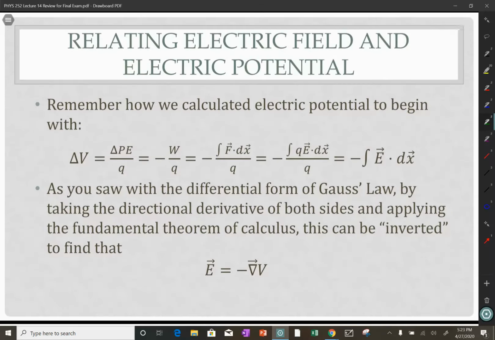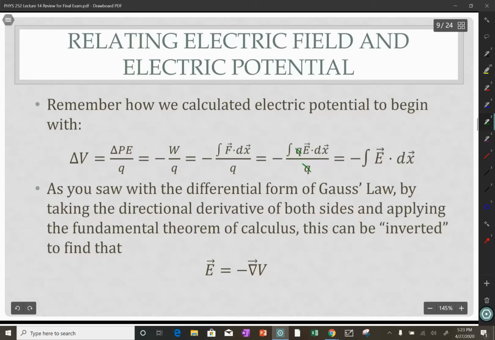Okay, last thing I think for exam 1 review is remember that the voltage difference is the change of potential energy over charge, but change of potential energy is minus work, so minus work over charge for the change in voltage. Work is integral of force dot dx, but force is QE, and so now the Q's cancel, and we're left with the change in voltage is minus the integral of E dot dx.